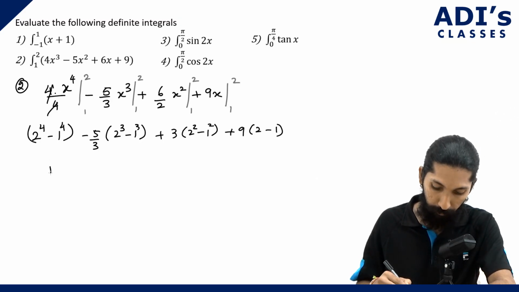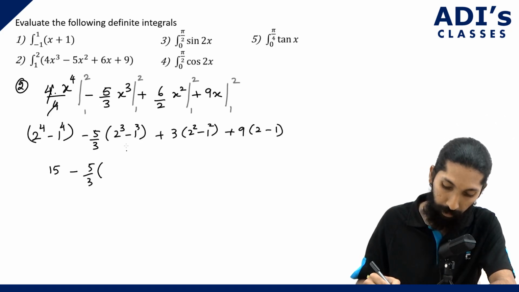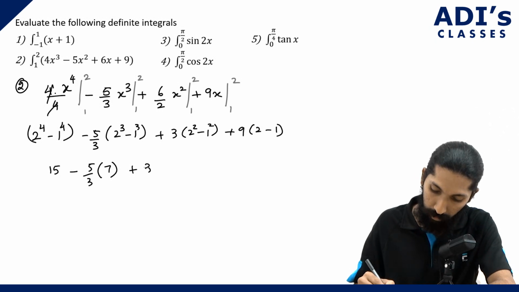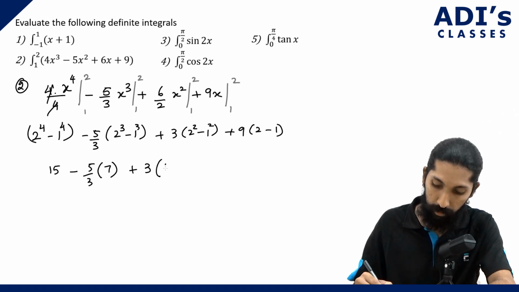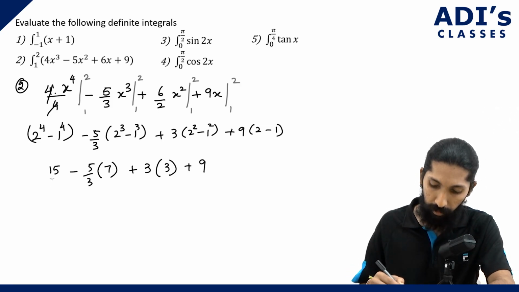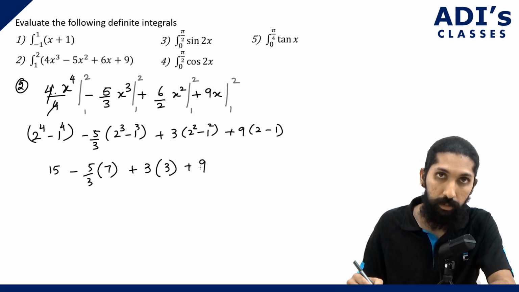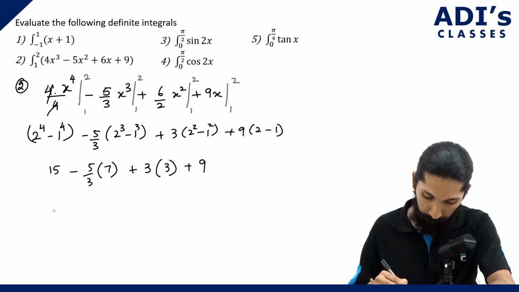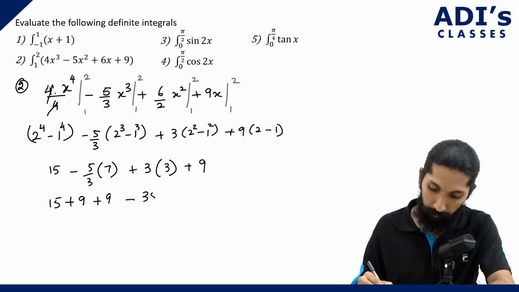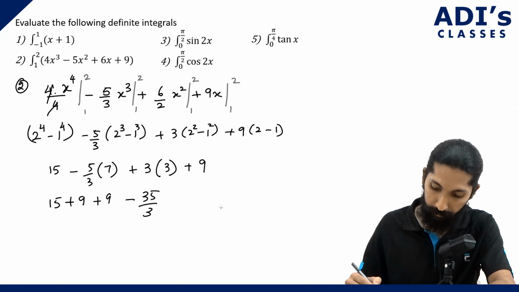16 minus 1, 15, minus 5 by 3 into 8 minus 1 is 7, plus 3 into 4 minus 1 is 3, plus 9, right? So here 15 plus 9 plus 9 minus 35 divided by 3.